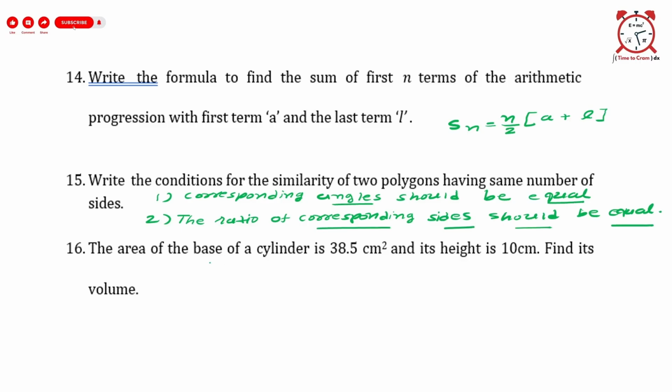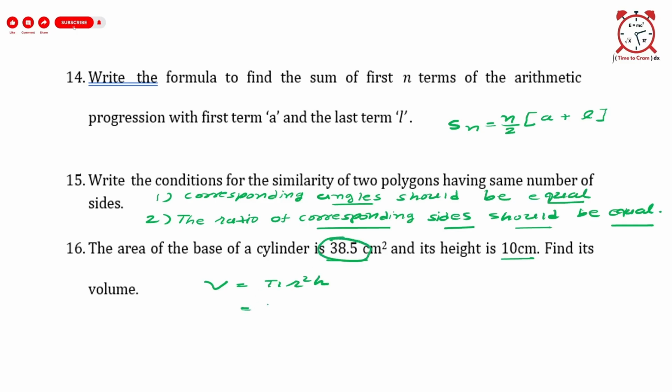Now the last question of today's video: the area of the base of a cylinder is 38.5 centimeter square and its height is 10 centimeter. Find its volume. So the volume formula is pi r square h. Here this is the value of pi r square, the base area.